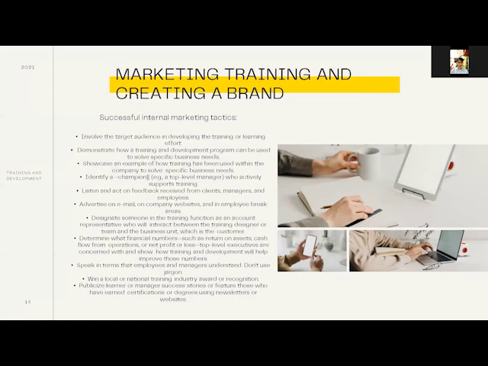Next, publicize learner or manager success stories, or feature those who have earned certification or degrees using newsletters or websites. These newsletters and websites are now prominently seen by many people, if not most people, because a newsletter is delivered to many, and so do websites nowadays.